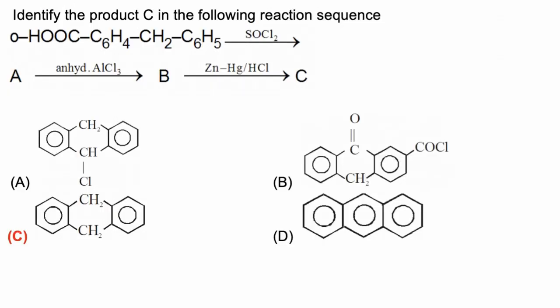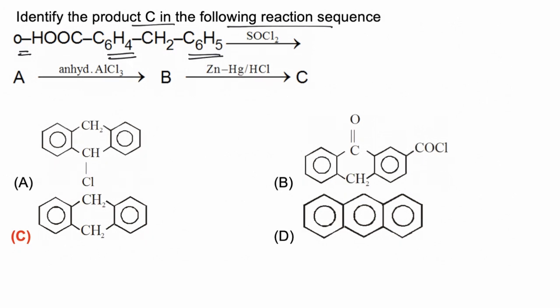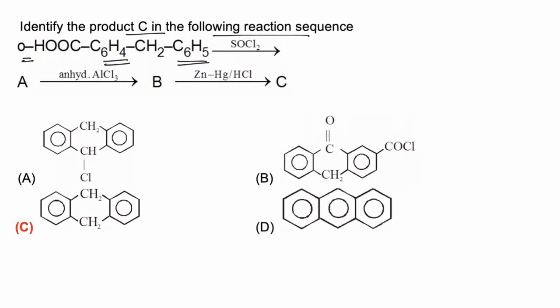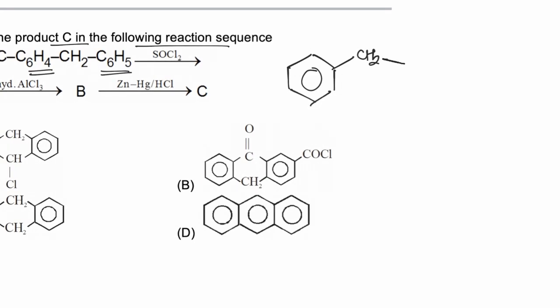In this question we have to find the final product of the given sequence of reactions. Now in this case, this molecule has 2 benzene nuclei and COOH is present at the ortho position. So the structure of the molecule: 2 benzene rings are present and these are connected by a CH2 group.